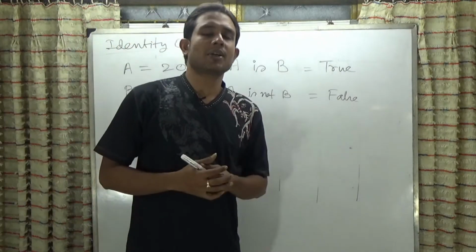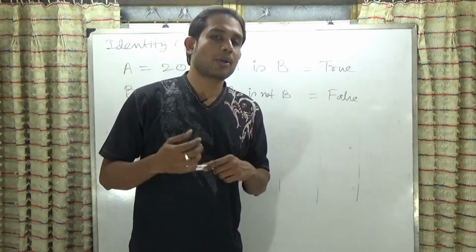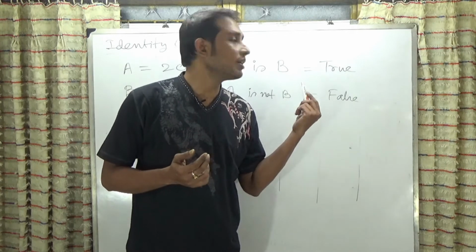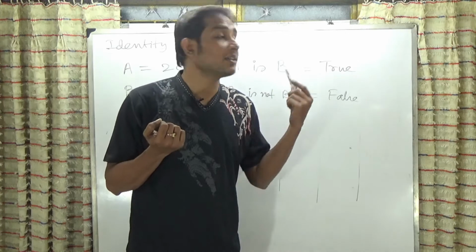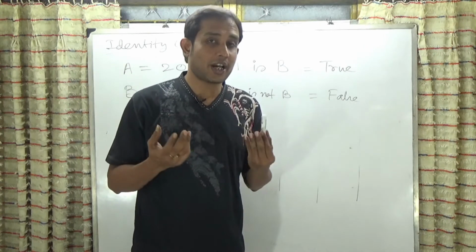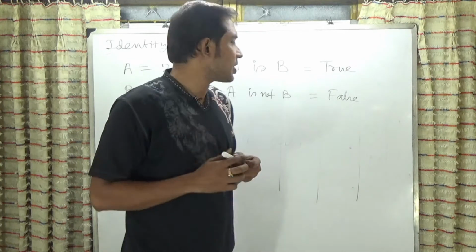Now a question may arise in your mind: how can we know whether the memory locations referred to by A and B are the same or not, and what the actual memory locations or addresses are? We can trace it out by using the function known as id.